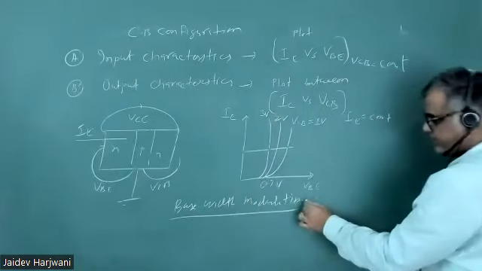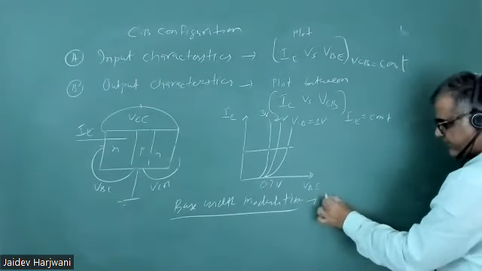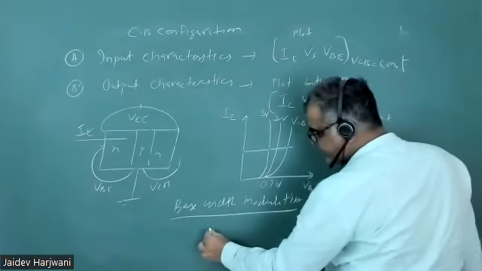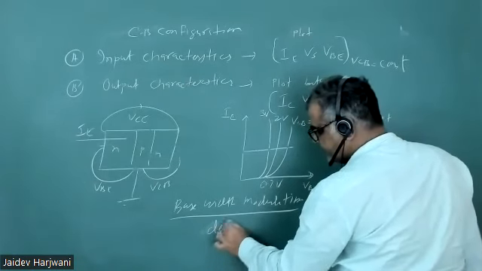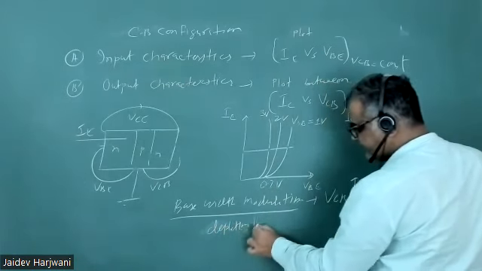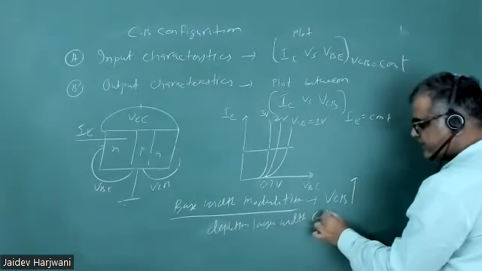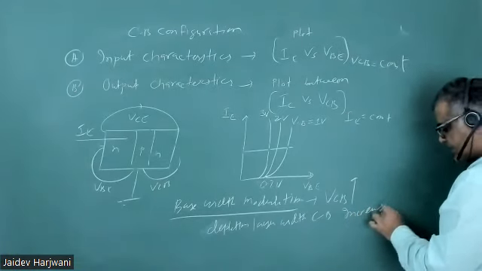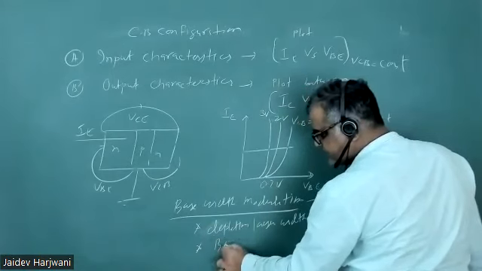Now what is the base width modulation effect? When you increase the reverse bias, that is, you increase the VCB, what happens? The depletion layer width at the CB junction increases, and when this increases, the base width decreases.